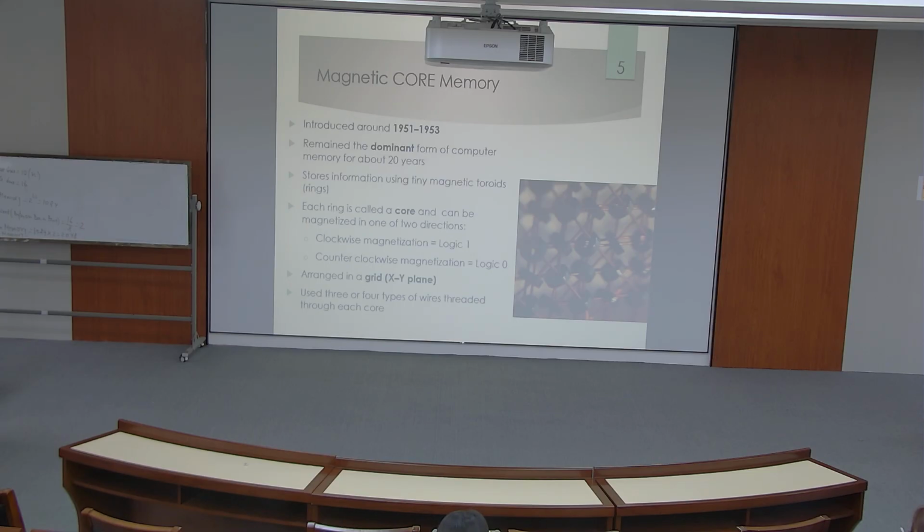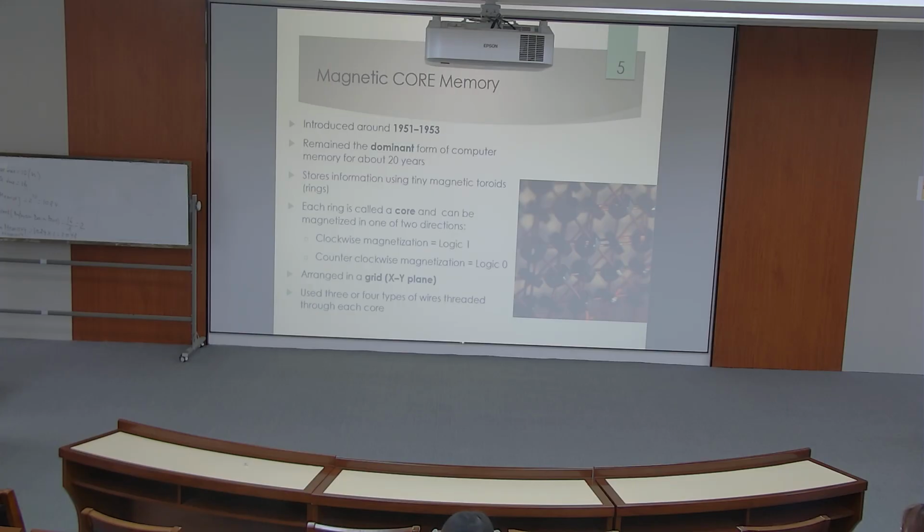As it is depicted by this picture, we see that each ring can be magnetized in one of two directions. If it is in clockwise direction, that means we have the logic 1, or if it is in counterclockwise, that means we have the logic 0.